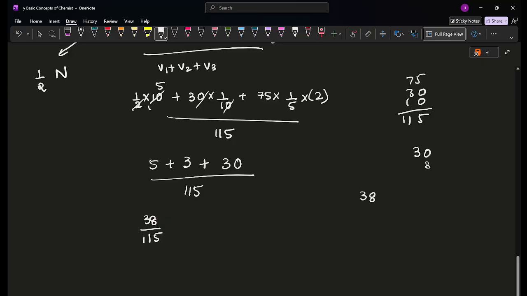Not sure if the answer will be right, but let's check it out. Okay, probably not, because the answer is weird. The answer was in 0.2, but here I'm getting around 0.3, which I think is not the right one.